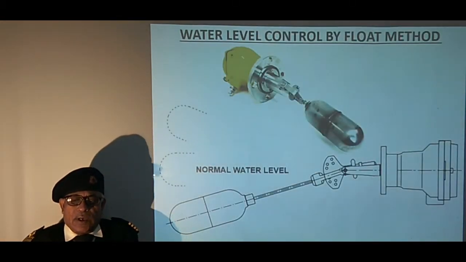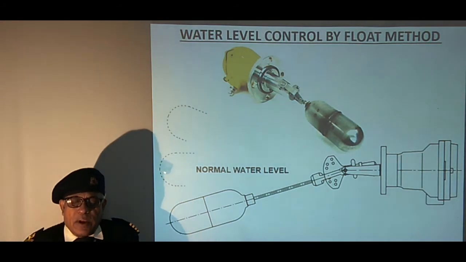The sketch shows a horizontally mounted Mobrey, which is used for automatic control of water level in small capacity boilers. It consists of a hollow cylinder called a float, located within a housing which is connected to the boiler.